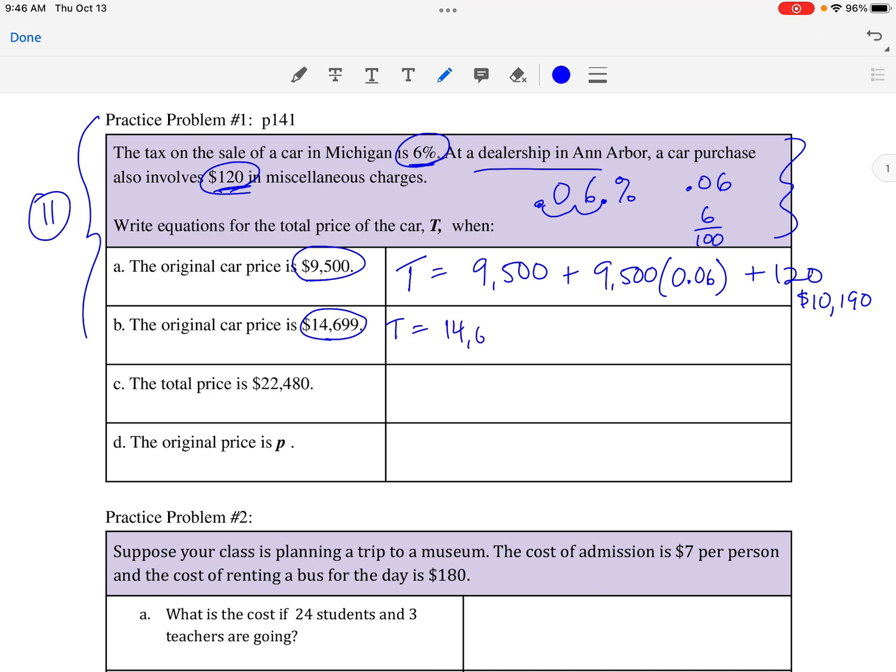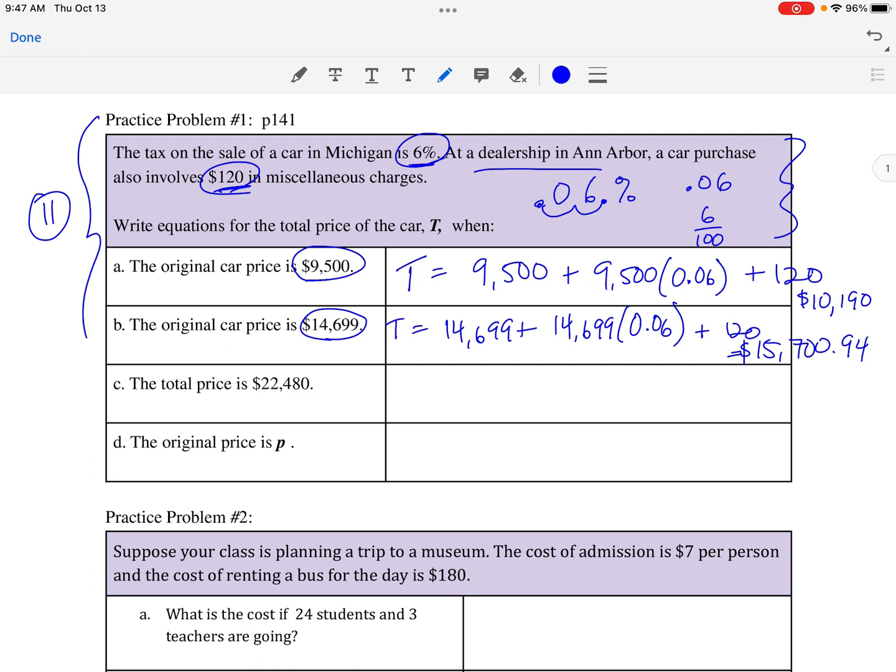So we'll do the same thing here, where we multiply times the percent, 6%, and the full price, and add 120. And if you work all that out, you get $15,794. Okay, last one.